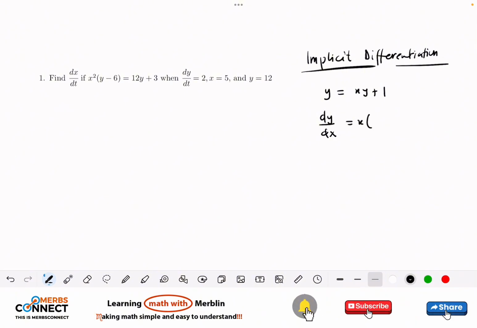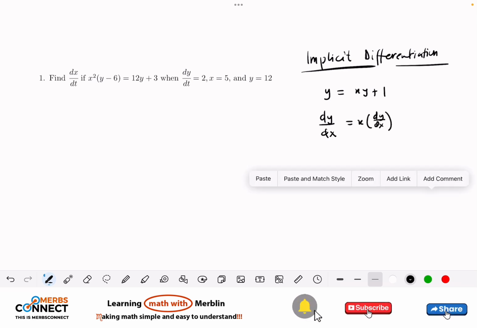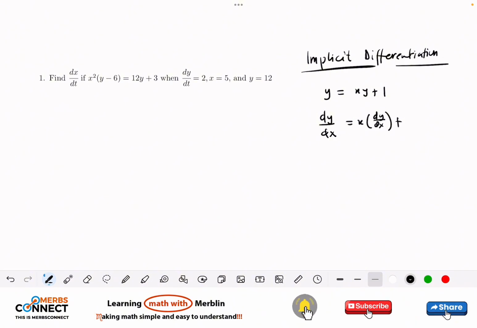What am I going to get? dy over dx. So I'll have x dy over dx, plus, now I'll maintain y and differentiate x. When I differentiate x, I get dx over dx, which gives us 1. Then when I differentiate 1, I'll get 0.